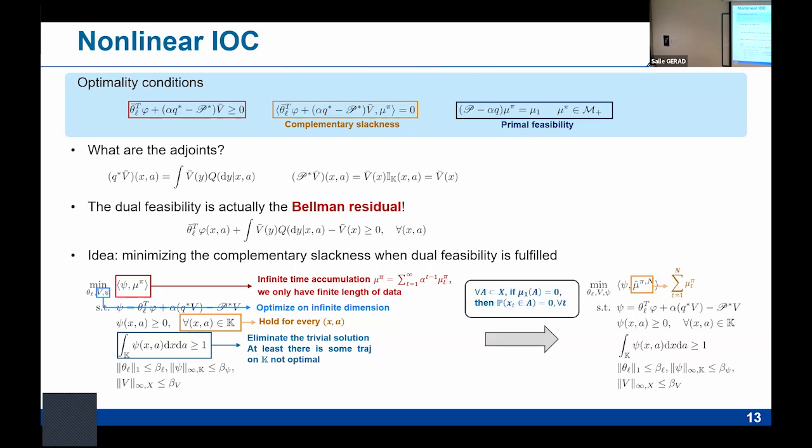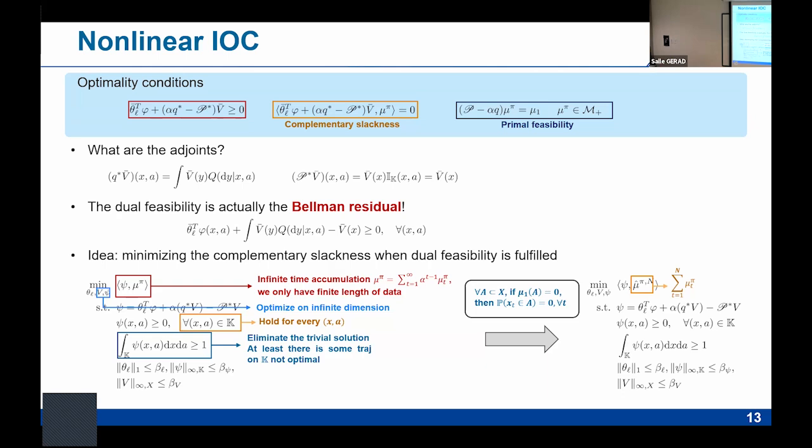What we are trying to do is solve these three problems in order to solve this IOC, because you are dealing with a very complicated infinite dimensional program. Under this condition, you will not visit what it says in the future.